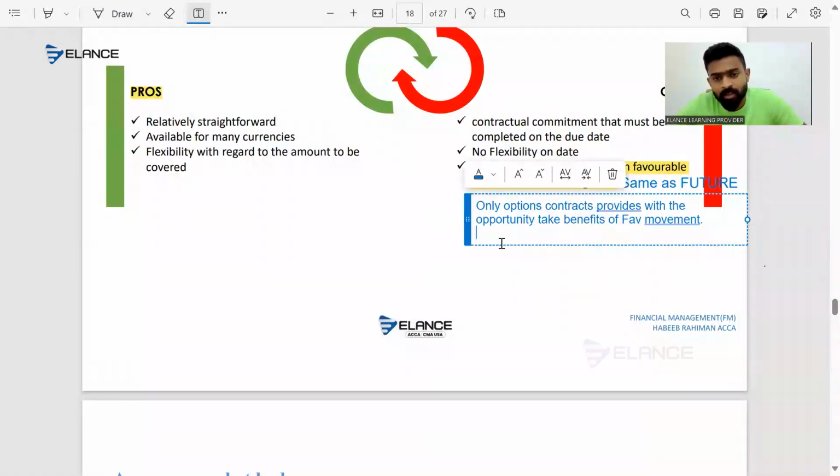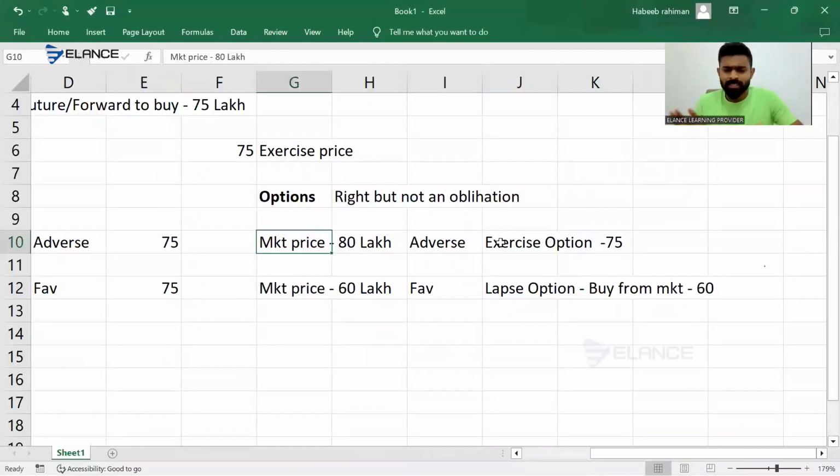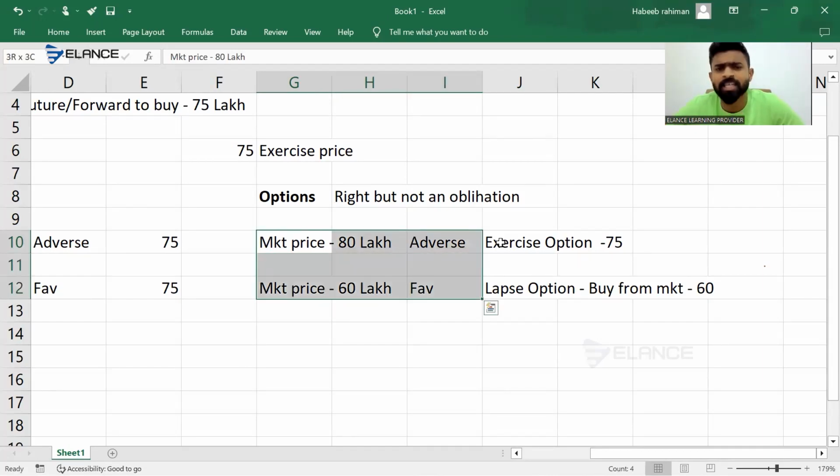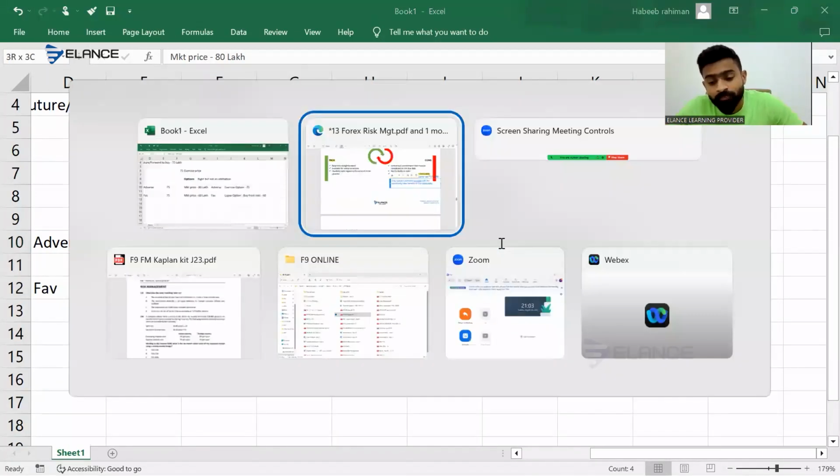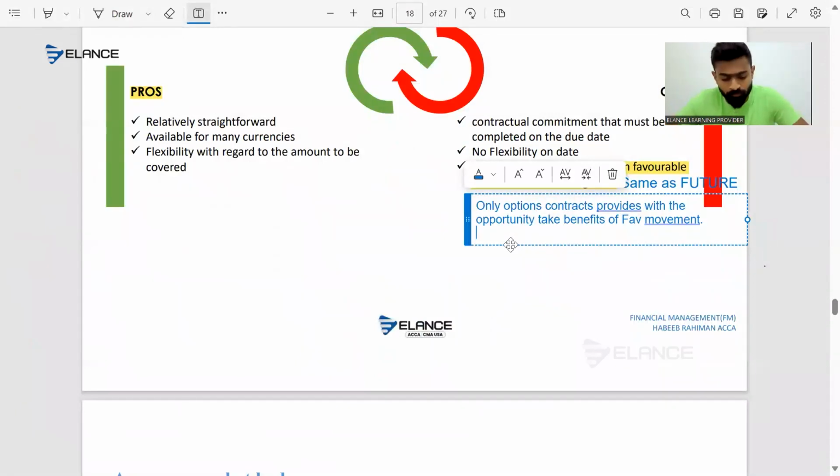But see, do you think the other party who gave us this right, which is said to be the counterparty, who provided us this flexibility, is going to give it free of cost? In option contracts, since we are getting flexibility, we have to make a payment for it.